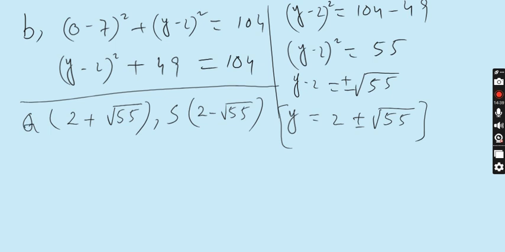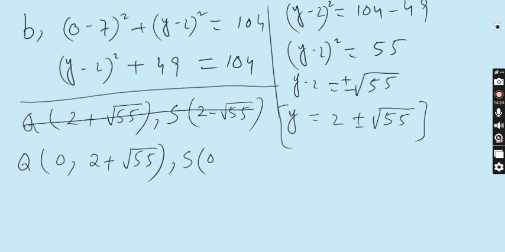Sorry. Coordinates of Q are (0, 2 plus root 55), because we are writing the coordinates, so the value of x on the y-axis is 0, and coordinate of S is (0, 2 minus root 55). Now find the distance of QS.